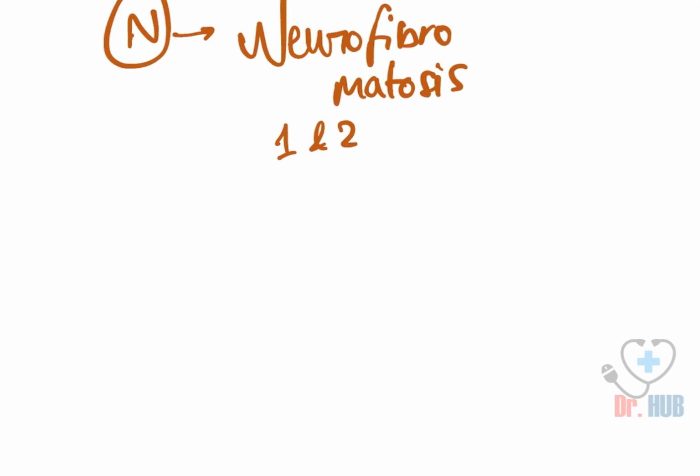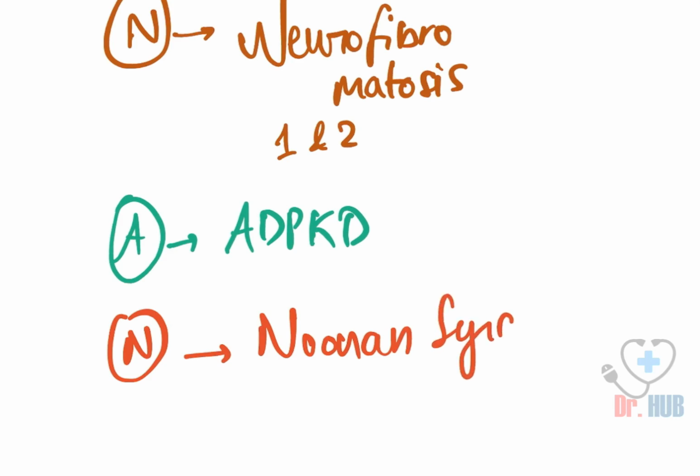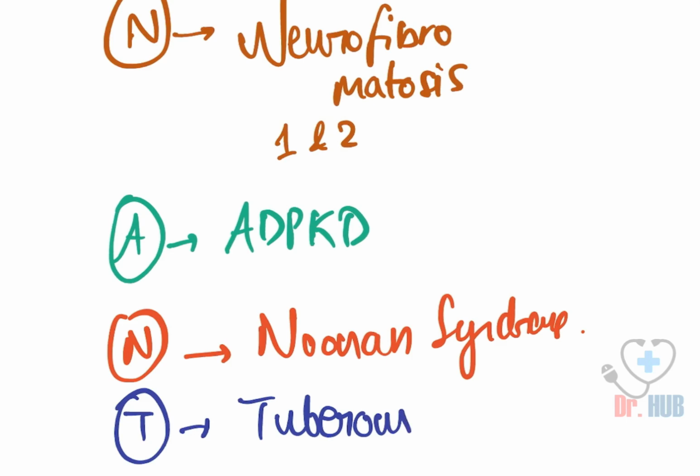Next we move on to the A. So A for autosomal dominant polycystic kidney disease. That is nothing but the ADPKD. After this, we look at N. So this other N stands for the Noonan syndrome. Then we have T. T for tuberous sclerosis.